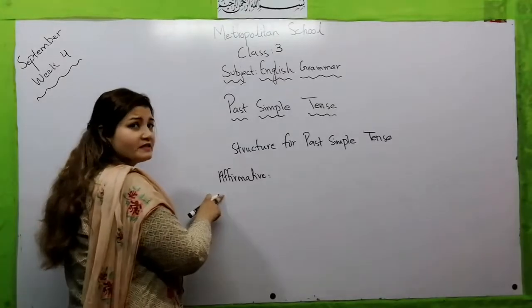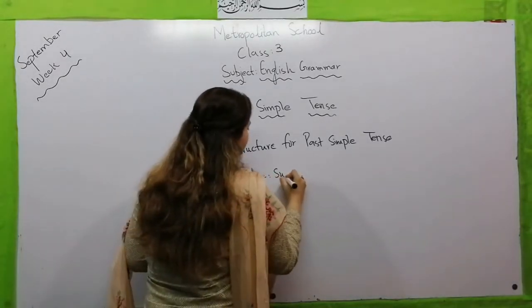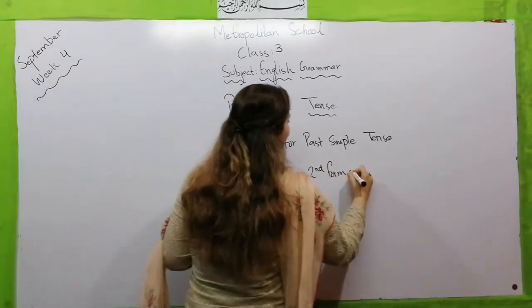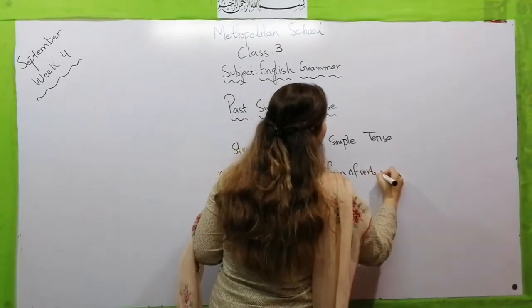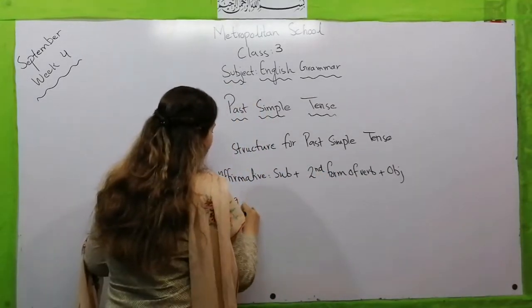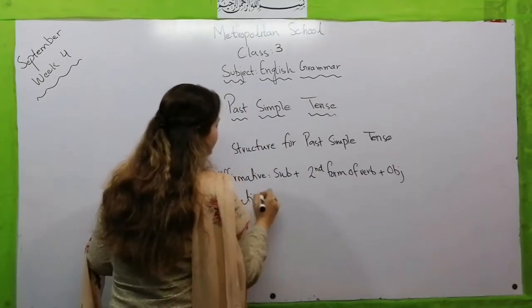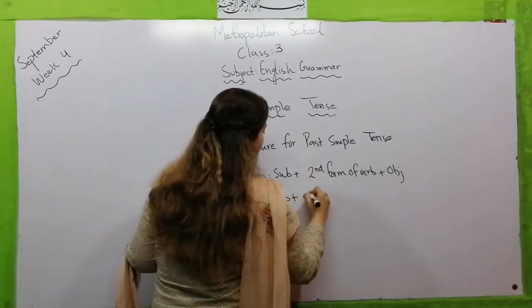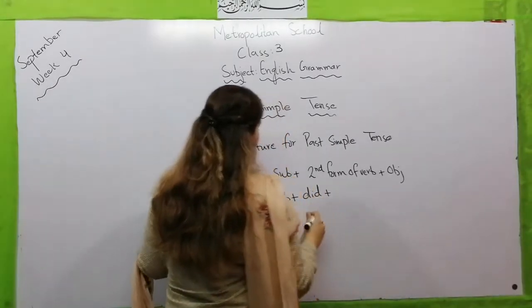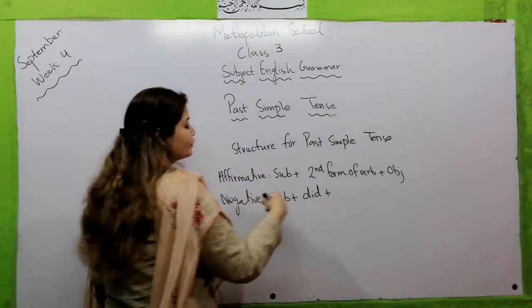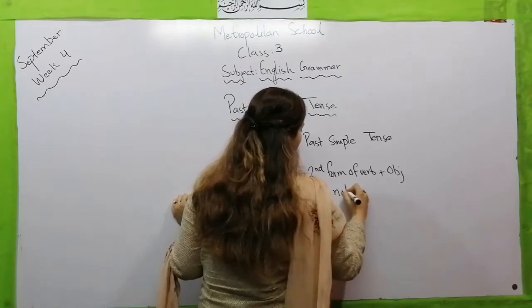For the affirmative sentences, you will have to write the subject first, then the second form of the verb, and then the object. For the negative sentences, what are we going to write? We are going to write the subject first, then did. Then of course when we talk about the negative, we are denying something, so we will write not.